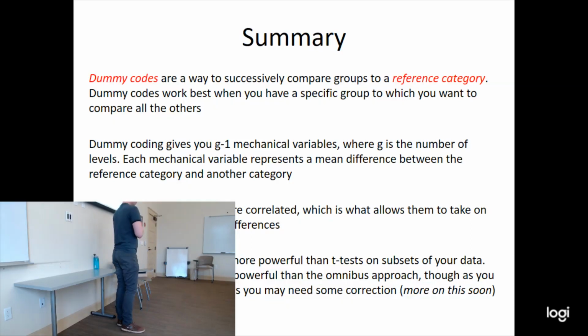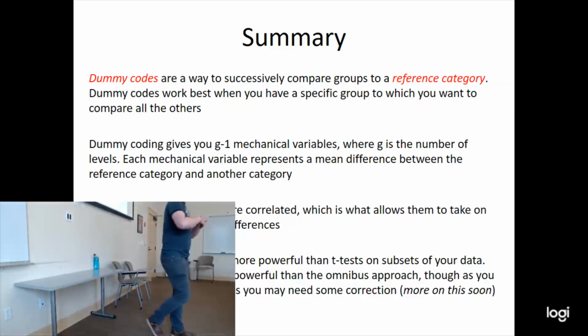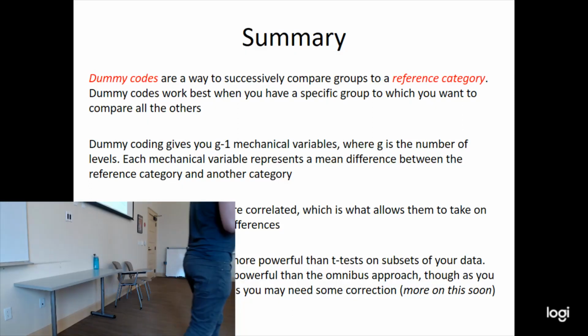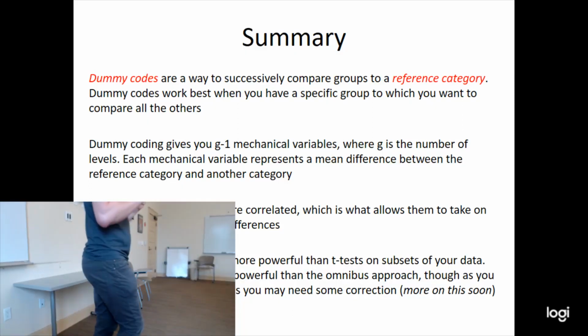It's also more powerful than looking at, say, an omnibus ANOVA joint test. But of course, there are some complications about which of these variables really represents your hypothesis that might make you go for the omnibus approach. And we'll dig more into that later.